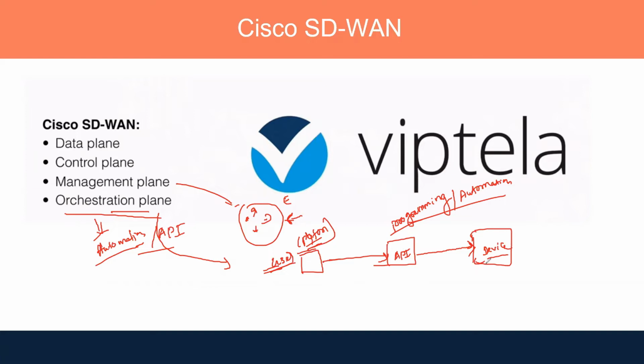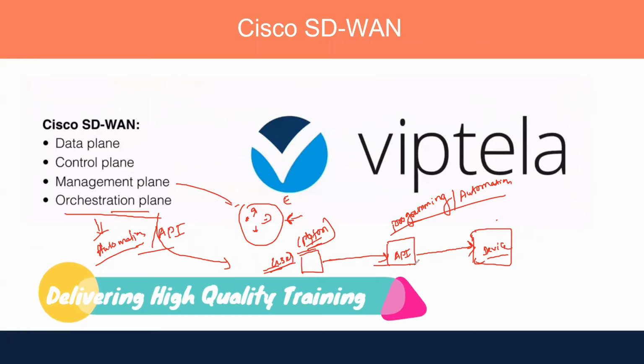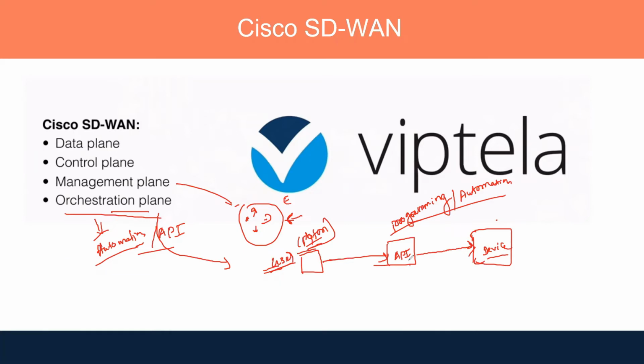Basically, the device manufacturer, for example Cisco in this case, would create one API that can be used for automation tasks. For example, let's say this is a Cisco router.